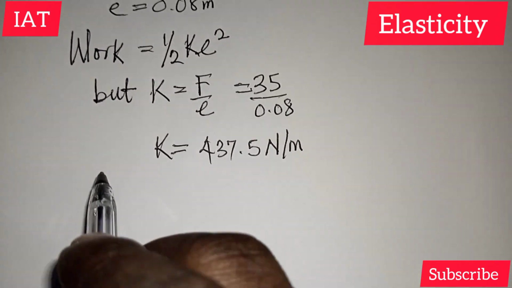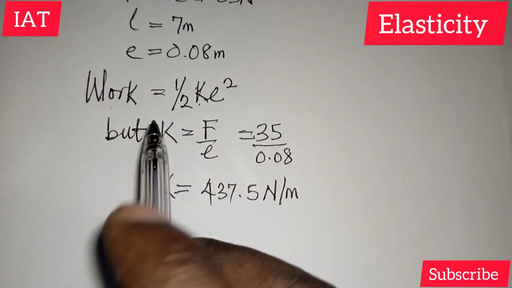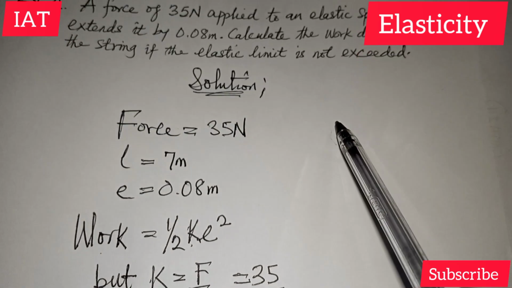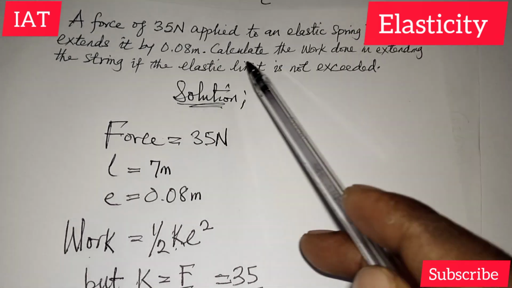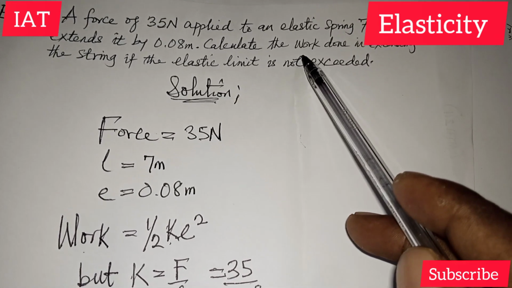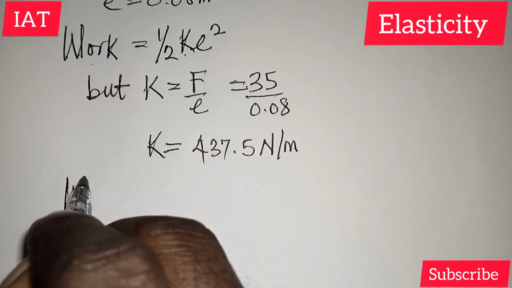So let's substitute this value. Why are we looking for this? Because we need it for the work done that we're asked to find in this problem. So that's why we needed this value of K, so that we can substitute it into the formula.